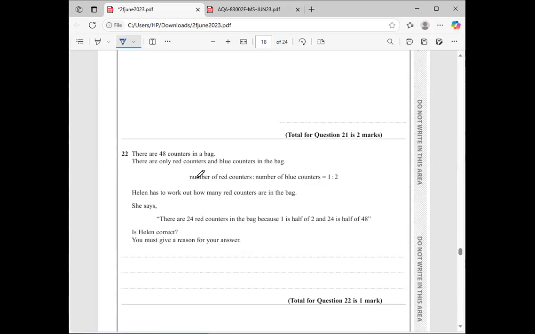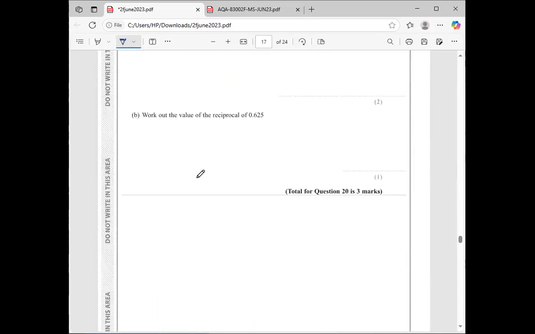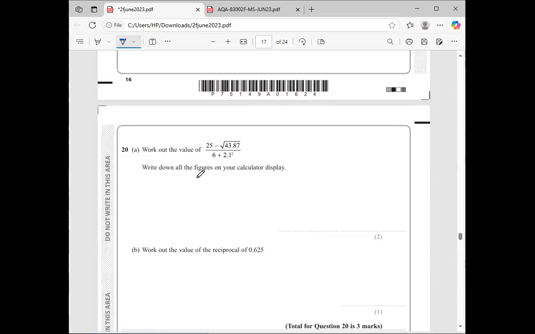This one is more of an explanation question, really. It's just testing your understanding of ratio.